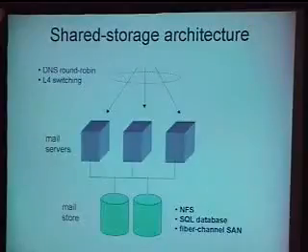Trouble with this kind of architecture is the mail storage. You see down here a couple of alternatives: NFS, SQL database, some fiber channel system, and the common theme of this is that either they don't work very well, or they are very expensive, or they have both of these problems.